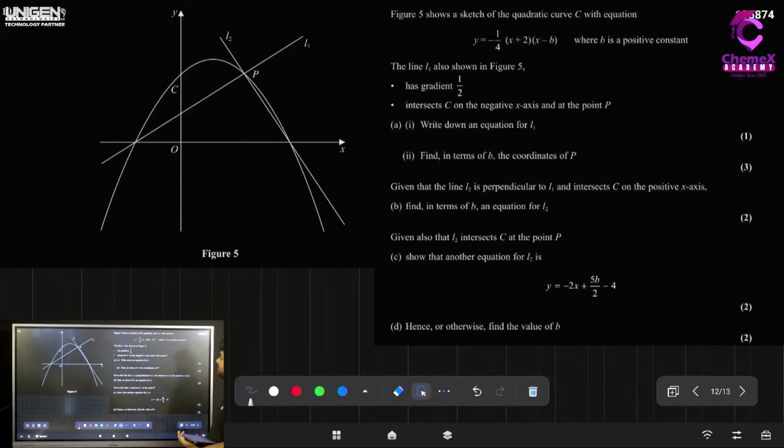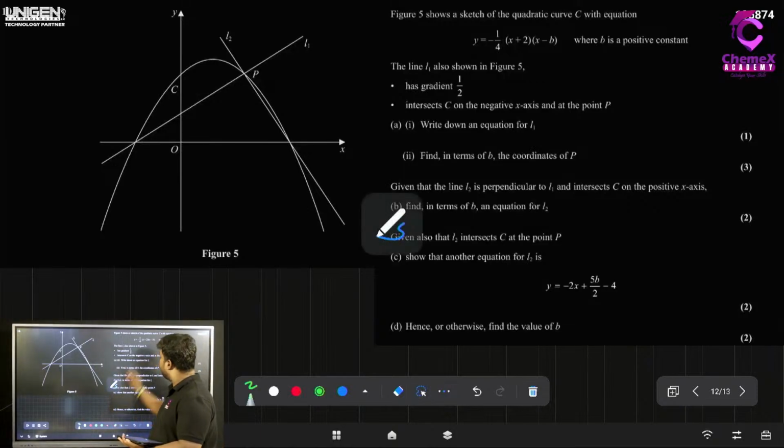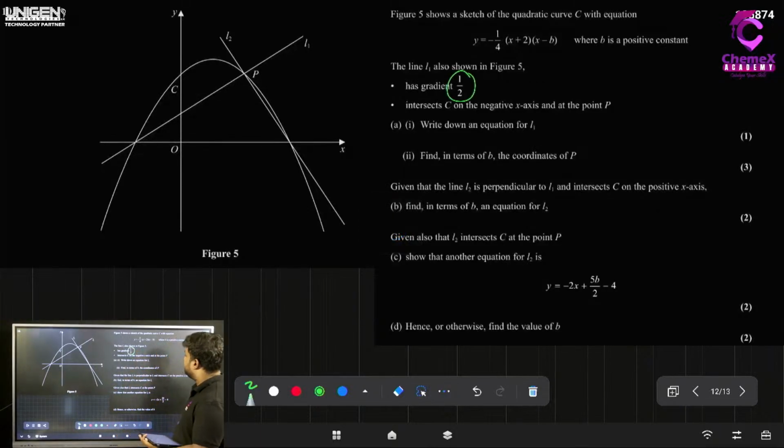So line L1 is shown has a gradient of 1 over 2. C has a negative intersection x at point P. So this is the graph. C is the quadratic equation. So if you equal the quadratic equation to 0, you get x equals minus 2 and x equals b.